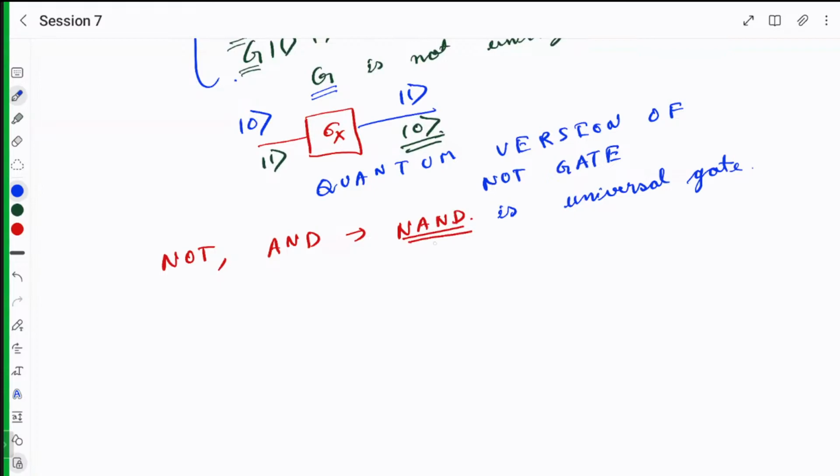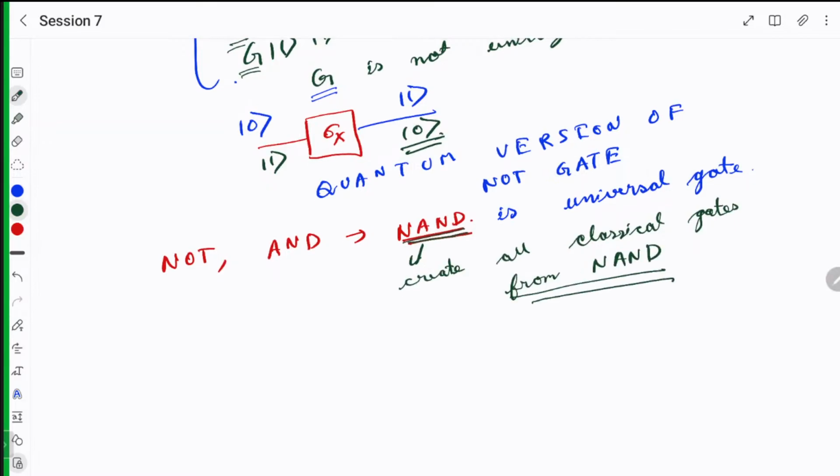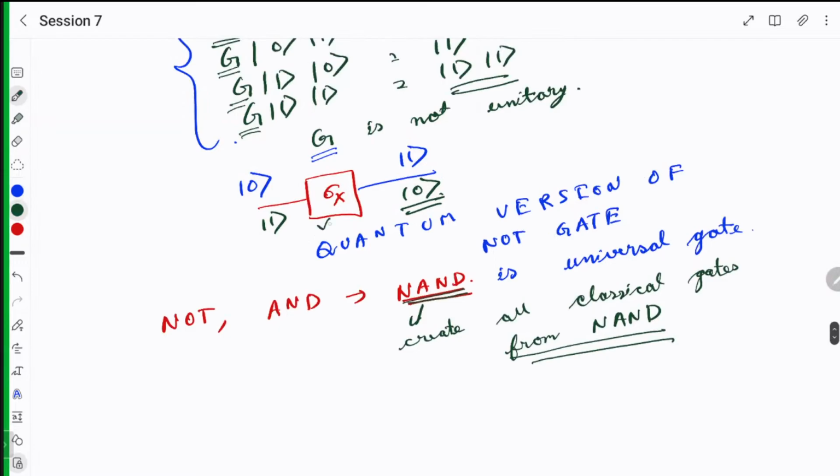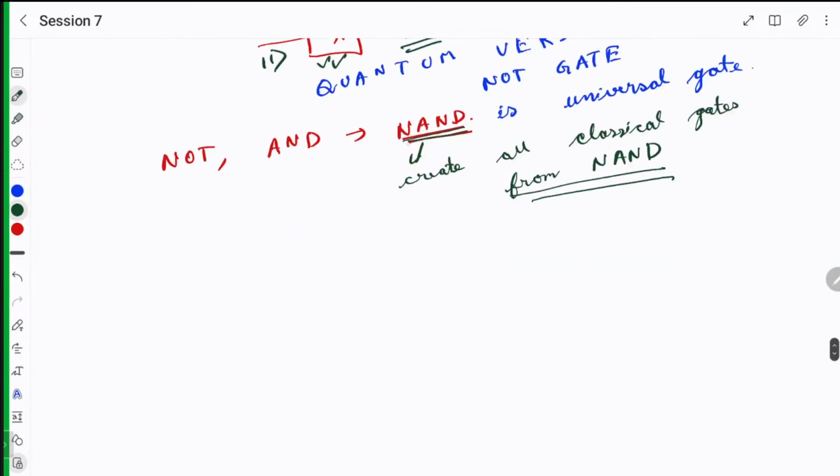So if you remember from Boolean algebra, NAND is a universal gate, and you can create all other classical gates from NAND. So if you have this Toffoli gate, you can create the AND gate. You already have the sigma X gate, which is the NOT gate. You can combine them to have a NAND gate.